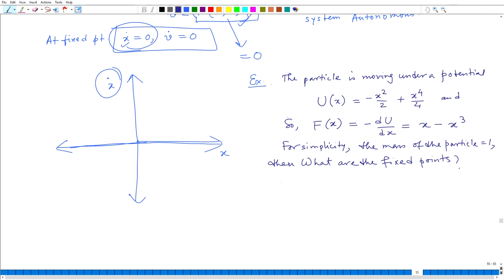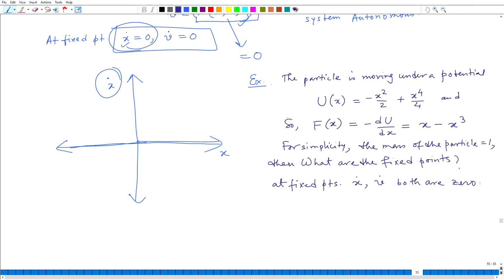Okay. So, we know the fixed point means that at fixed points x dot and v dot both are 0.